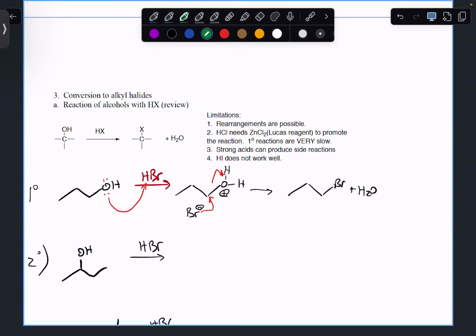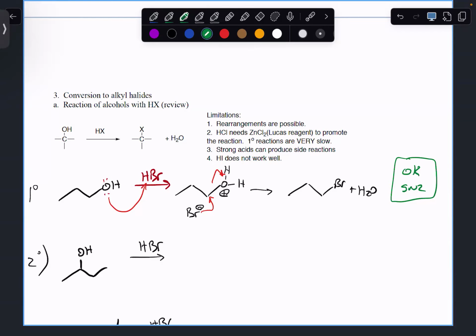So you can do this with primary alcohols. This is, I'll say, okay. I'll tell you in a few minutes, there's a much better way of doing this. The yields are not great doing it this way, but it can be done. Like I said, you all did this.